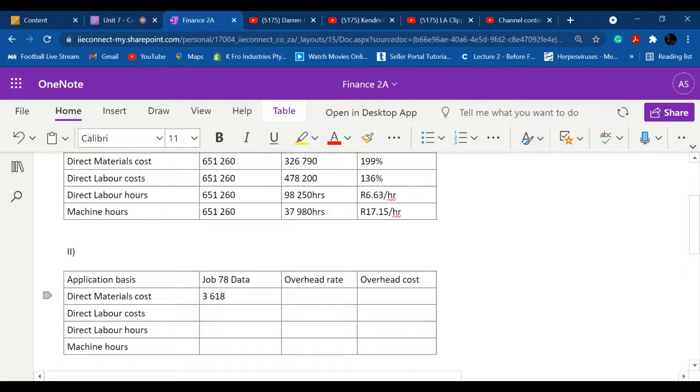Now the rate that we calculated, you can see it there, it's the 199%. So basically what we're saying is 199% times this direct material cost for job 78 will then give us our estimated manufacturing overhead for the job, based on this basis. Does it make sense?